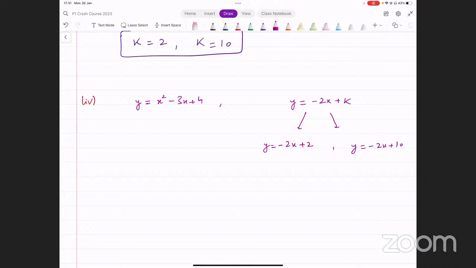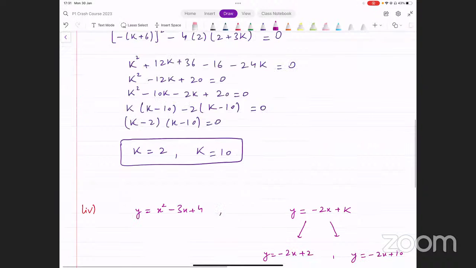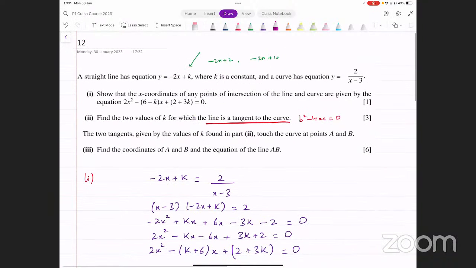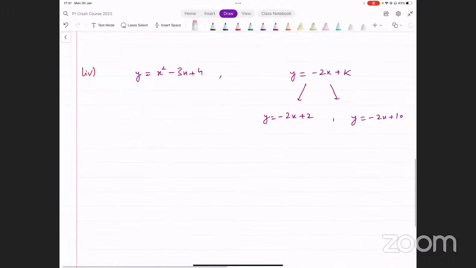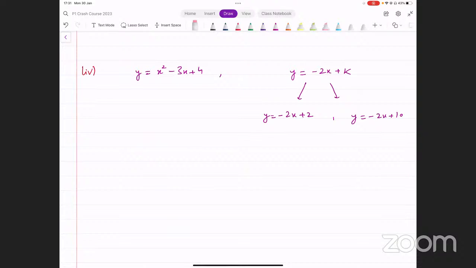They have asked us to find the equation of the line AB and also the coordinates of A and B. So the points where those tangents touch that curve are called A and B here. We need to find the coordinates of A and B first. All right, now how do we start? We've got two sets of simultaneous equations to solve here.